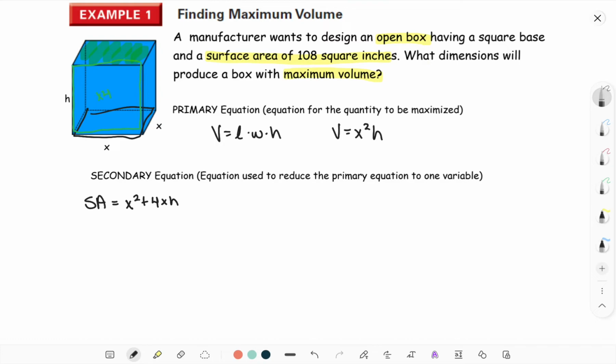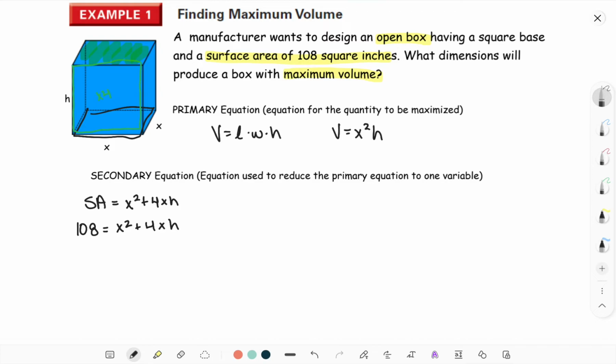So again, secondary equation, not what I'm maximizing, not what I'm going to take the derivative of, but quantities that I'm going to work with to help essentially get volume into one variable instead of two or three. So they tell me surface area is 108. I want to essentially use this to isolate one of my variables.